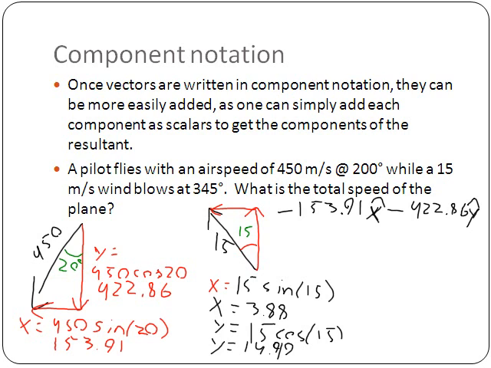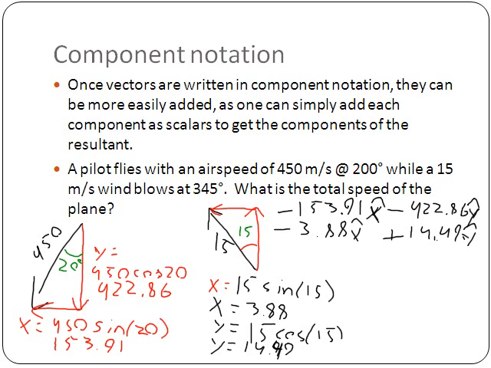Writing this one out, the x component is still negative, so instead of positive 3.88, it'll be negative 3.88 x hat. And our y is positive, so plus 14.49 y hat.